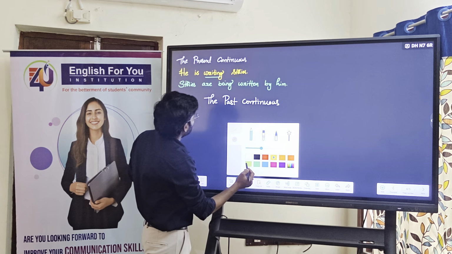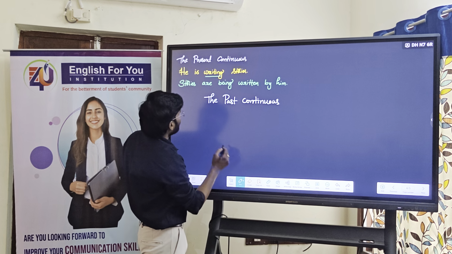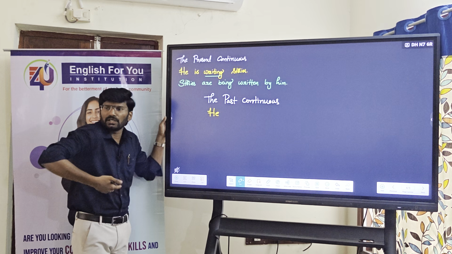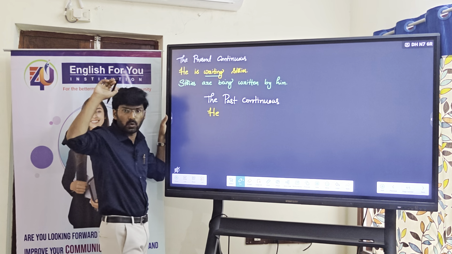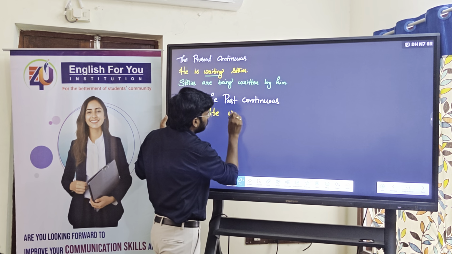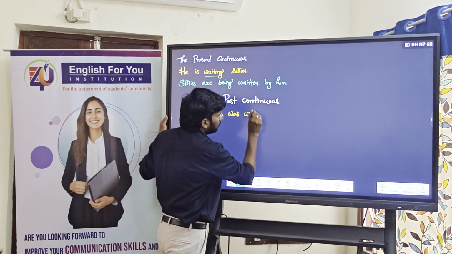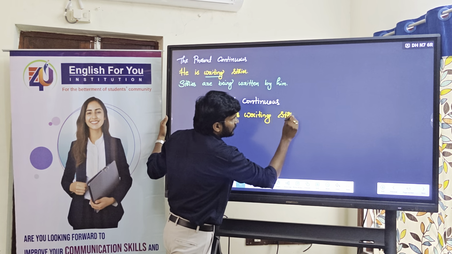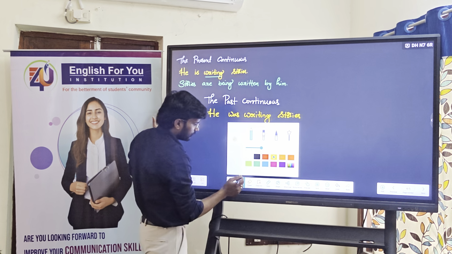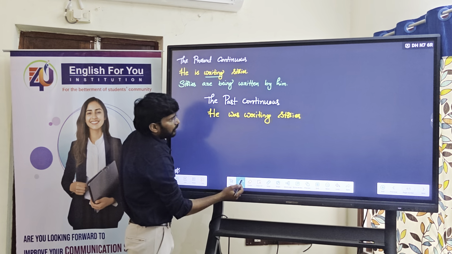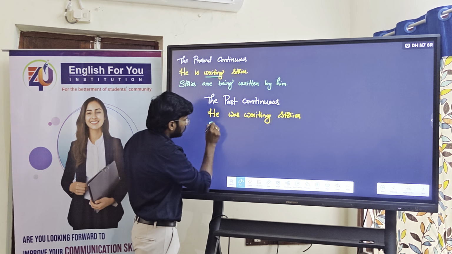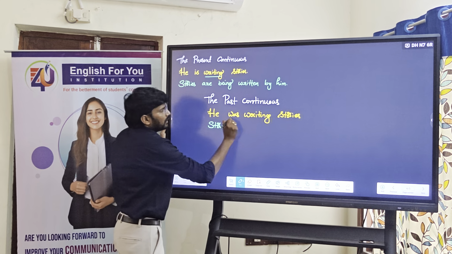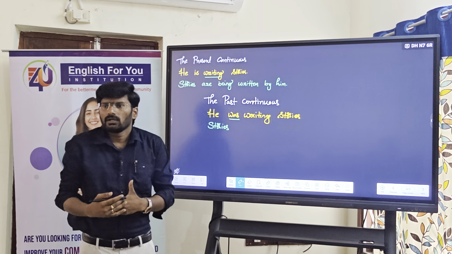That's it. So what is the example actually which we have taken? He is writing stories. Now what is the past continuous for he is writing stories? He was writing. Very good. Writing stories, or the stories in your subject is stories. So stories, simple. We are taking the same object. Stories here was past.